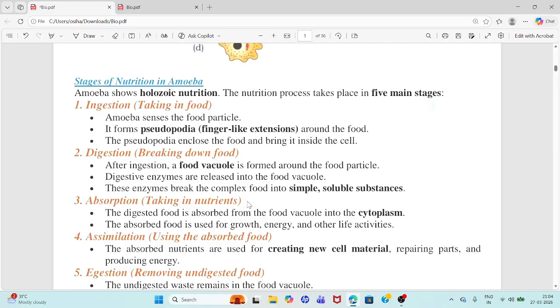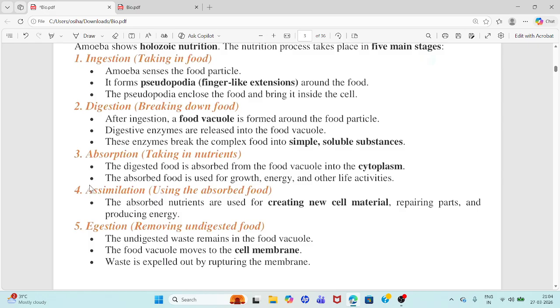These enzymes break the complex food into simple soluble substances. Third stage, absorption, taking in nutrients. The digested food is absorbed from the food vacuole into the cytoplasm. The absorbed food is used for growth, energy, and other life activities.